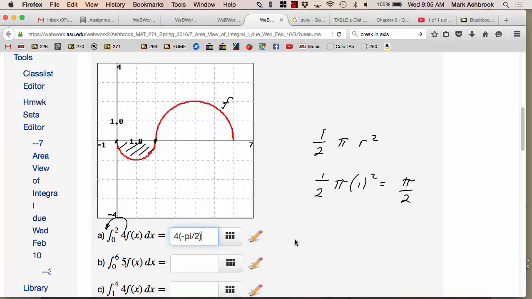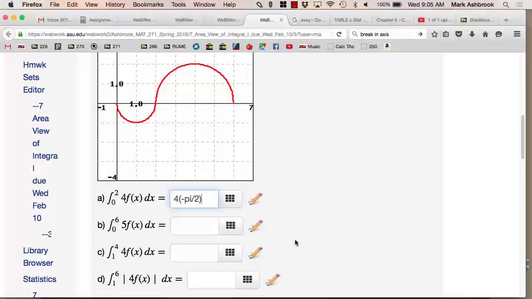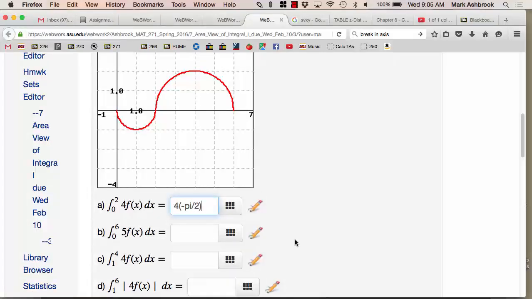Okay, next one. 0 to 6. So 0 to 6 would be all the way to here. So we're going to integrate all the way to there. We know that an area perspective is going to have something to do with these areas here.